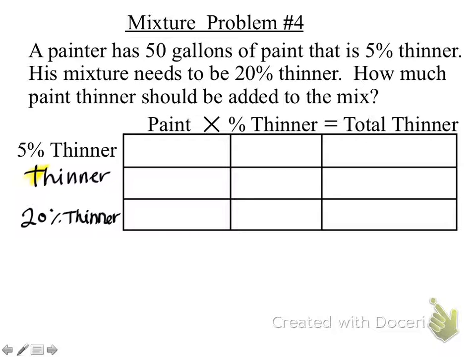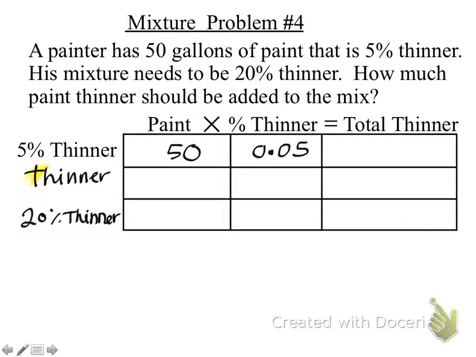Paint. What are we given? 50. Where does 50 go? In the paint, 5%. Good. And that's going to be 0.05. Sorry, not 5/10, I put 50%, not 5%.